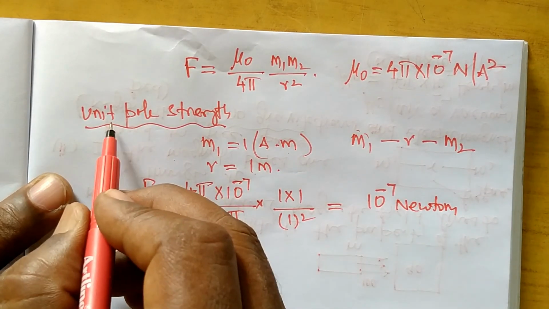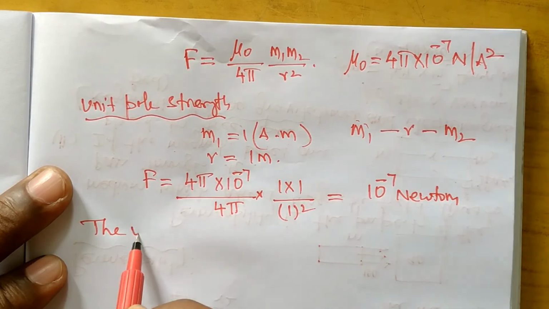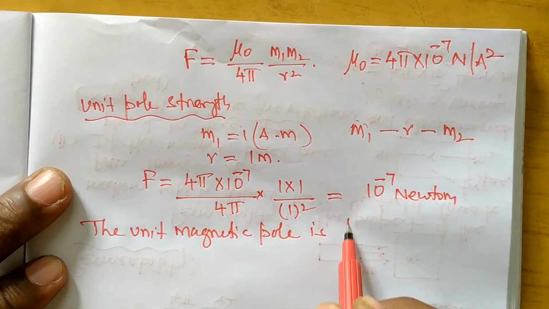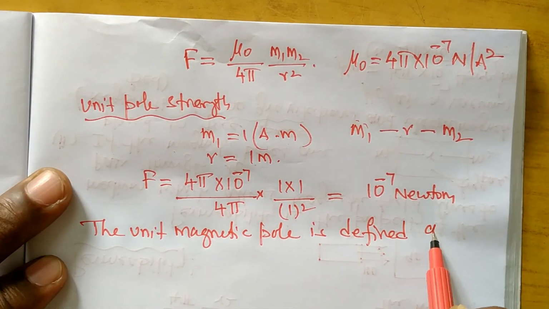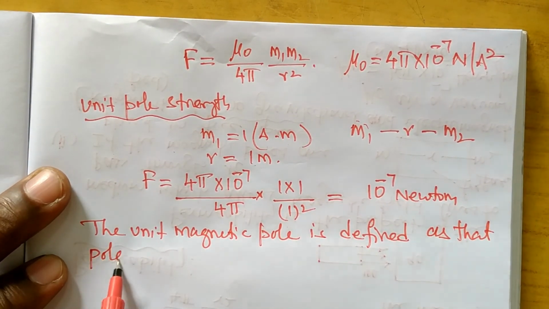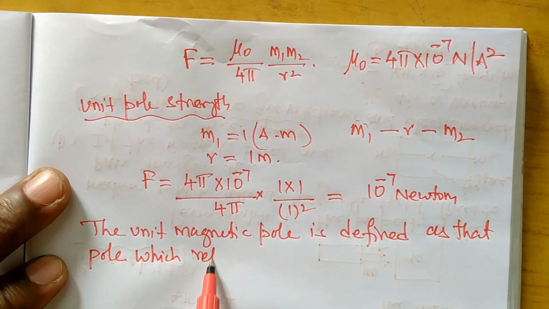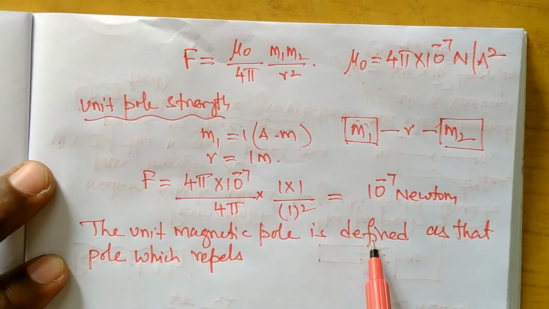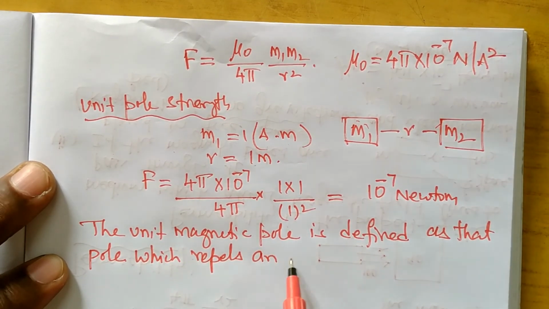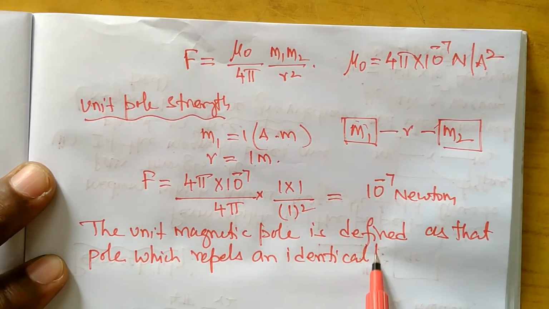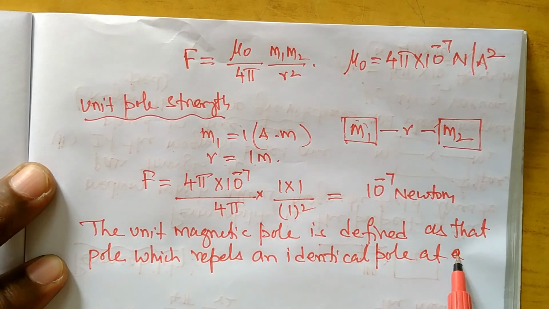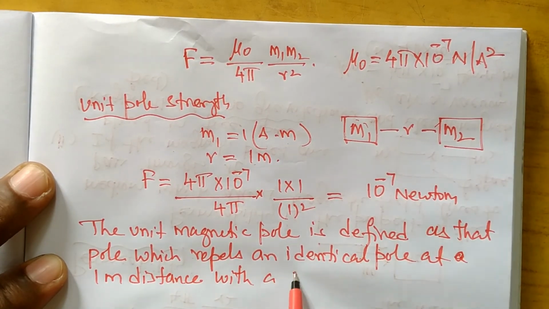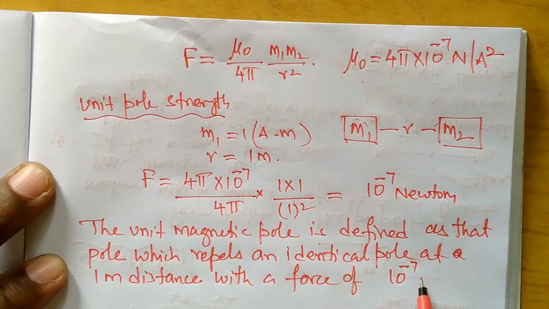Therefore, we can define the unit magnetic pole as that pole which repels an identical pole at 1 meter distance with a force of 10 to the power of minus 7 newtons.